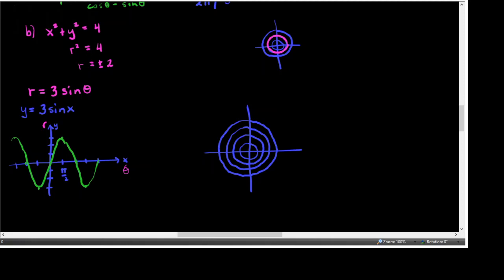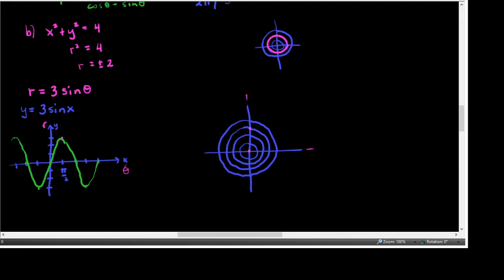So 0, 0, we're at angle 0, radius 0, so we're not moving from the pole at all. So that's actually a point on the pole itself. Then I'm going to skip to this point right here at pi over 2, 3. And at pi over 2, which is the angle here, I'll move out to 3. So move along the positive y-axis 1, 2, 3 and plot a point.